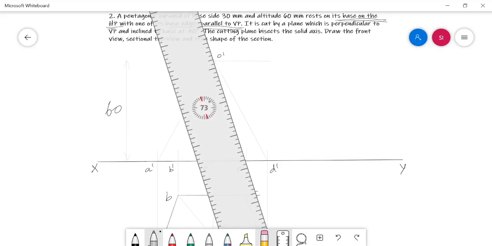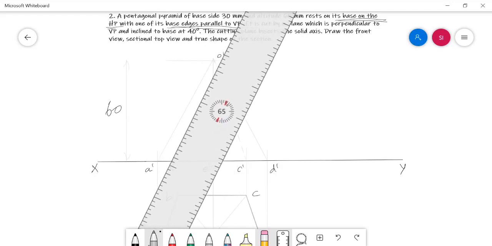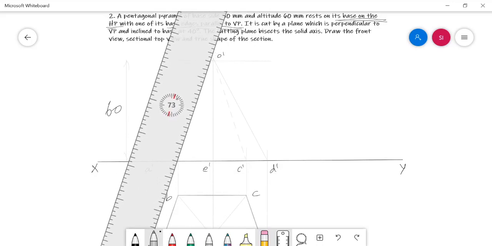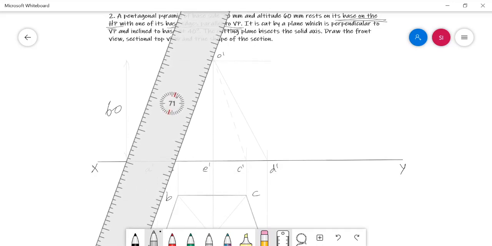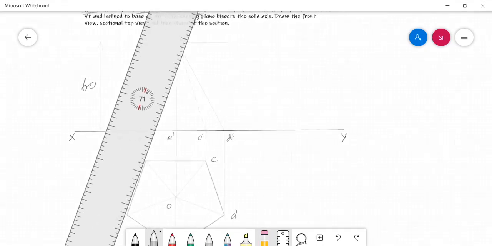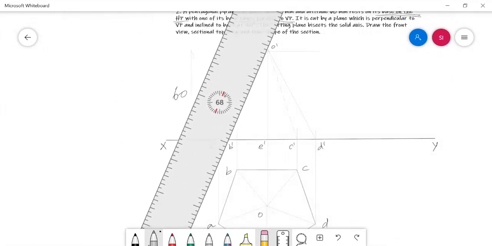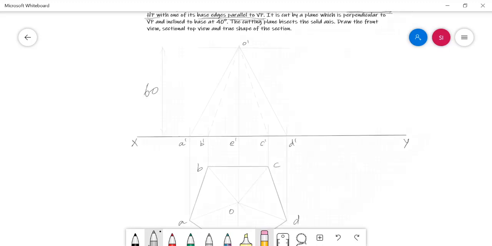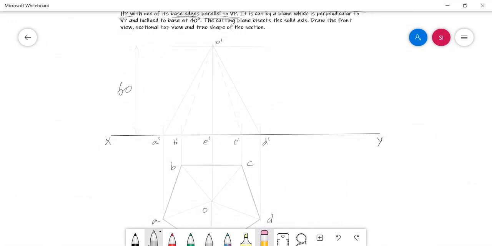So I have to draw these two edges in the hidden line format, that is with the dashed line format. Now the lateral view of the solid is over.